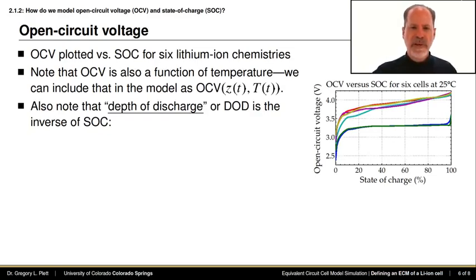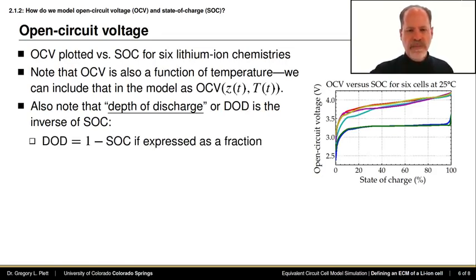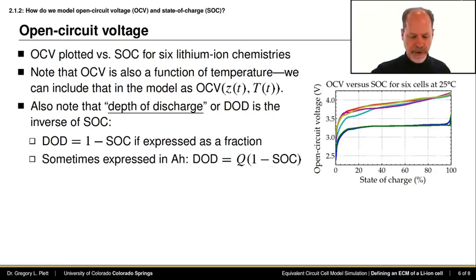Also recognize that sometimes in the literature you will see authors referring to open circuit voltage as a function of depth of discharge, or DOD, rather than a function of state of charge. Sometimes you will see them refer to open circuit voltage as a function of depth of discharge in ampere hours as well. And in that case, depth of discharge is equal to 1 minus state of charge, all multiplied by the total capacity of the cell.